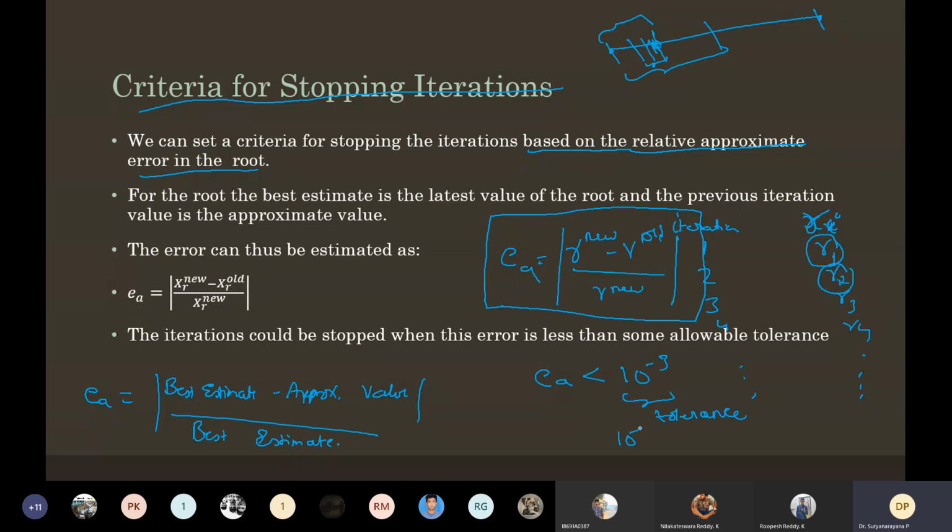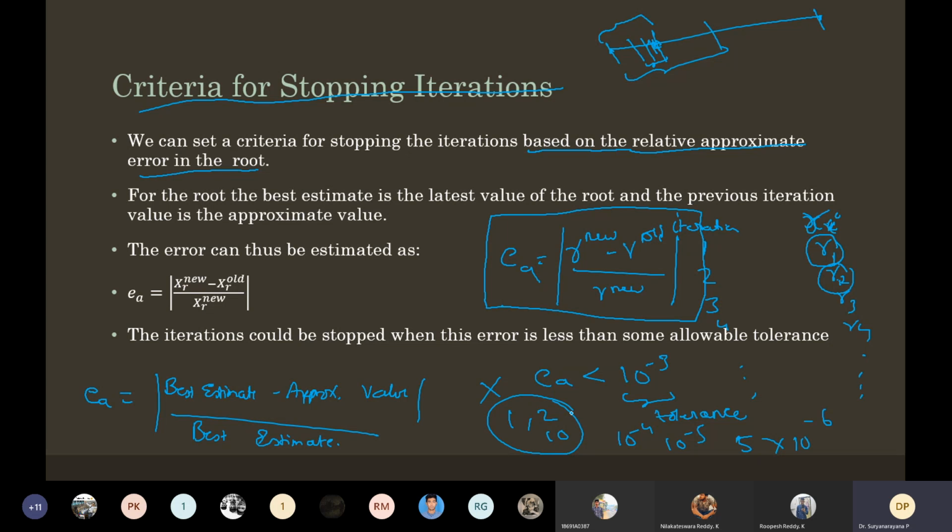Other ones you can use are 10 power minus 4, 10 power minus 5, or if you want to be sophisticated, you can use 5 times 10 power minus 6, something like that. But don't use things like 1, 2, 10, because this is absurd. You should not be doing that. Use some kind of small number. These are absurd numbers for tolerance. Don't use that. Okay.